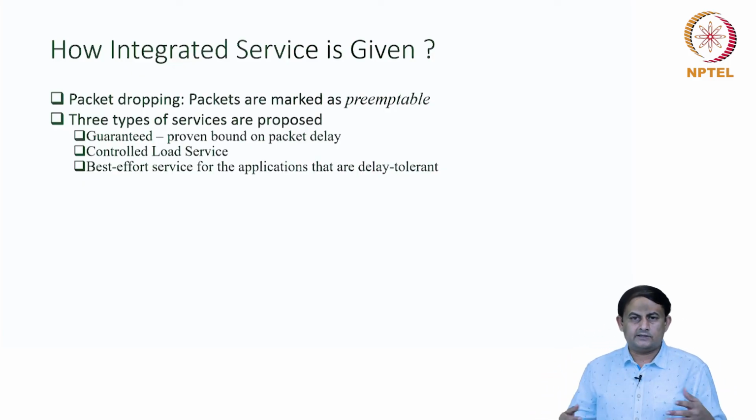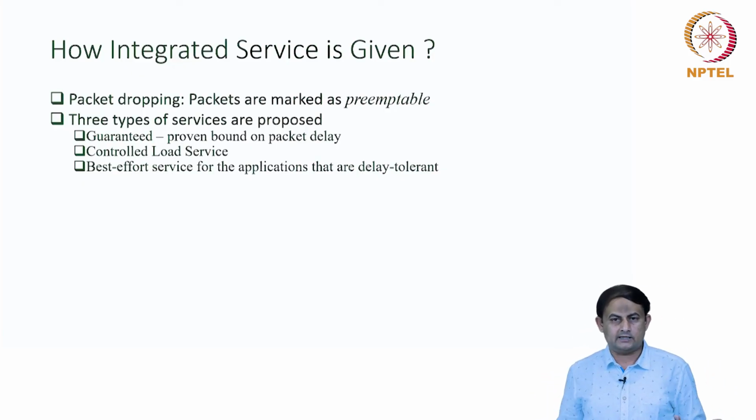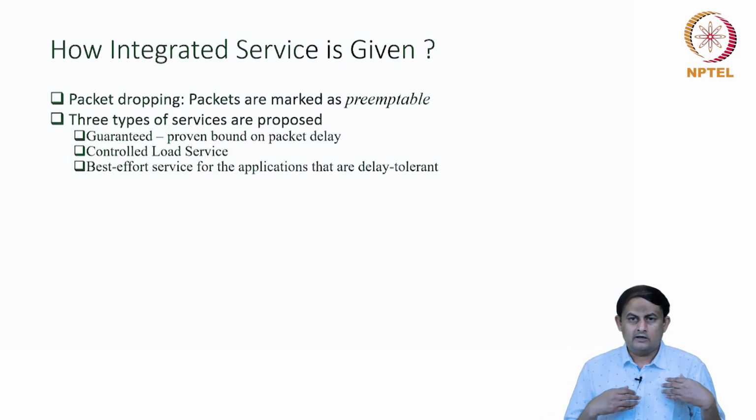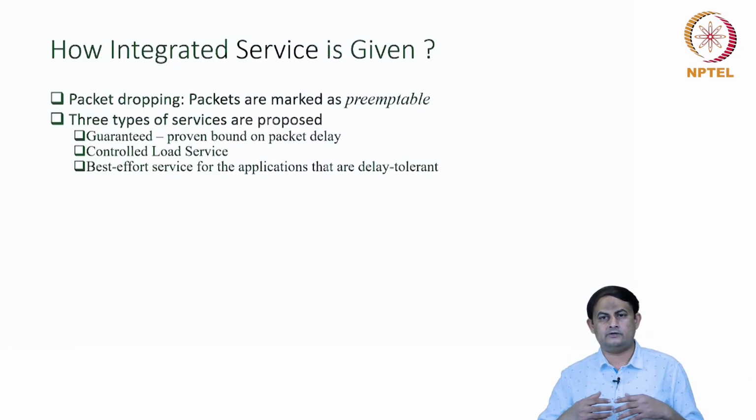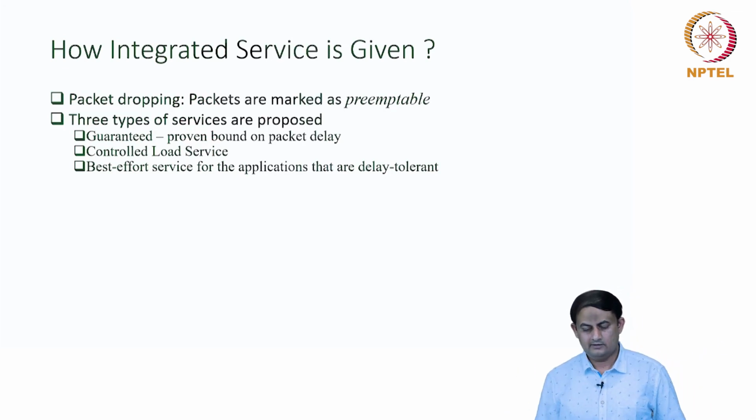So it depends on the type of the application, what it exactly wants from the network or the routers. The answer to this is with respect to the earlier discussion on the real-time application being either a hard real-time application or a delay adaptive real-time application.